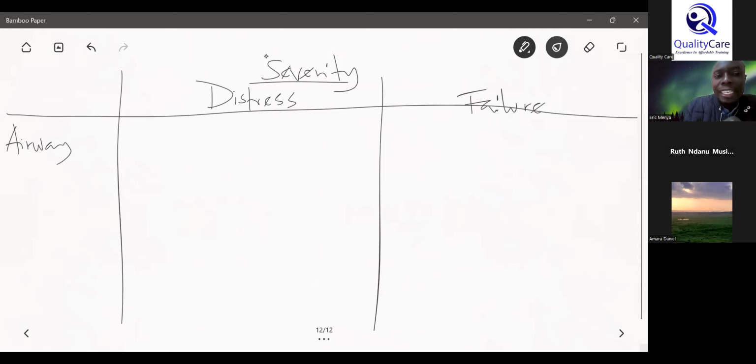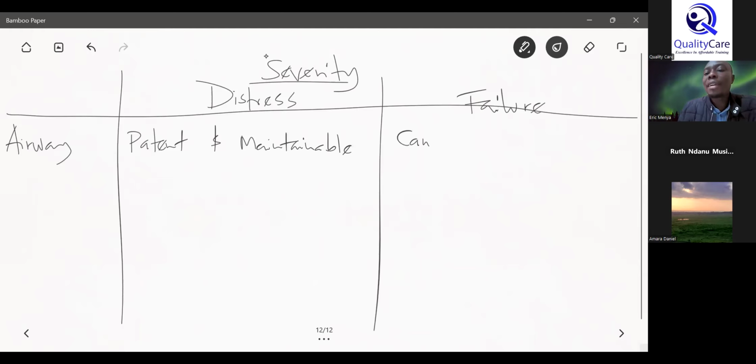At airway, in distress, the airway is usually patent and maintainable. It can be maintained. But when we get to failure, the airway cannot be maintained. So the airway is threatened. There's a need for an advanced airway adjunct.